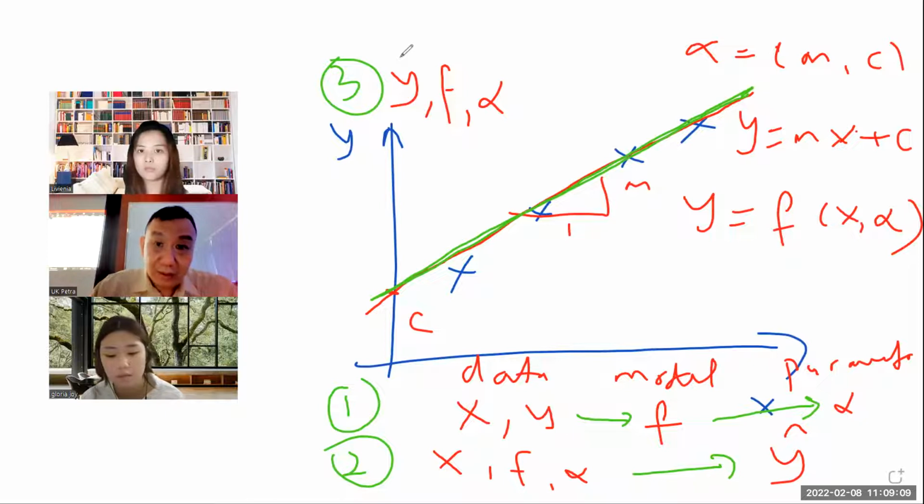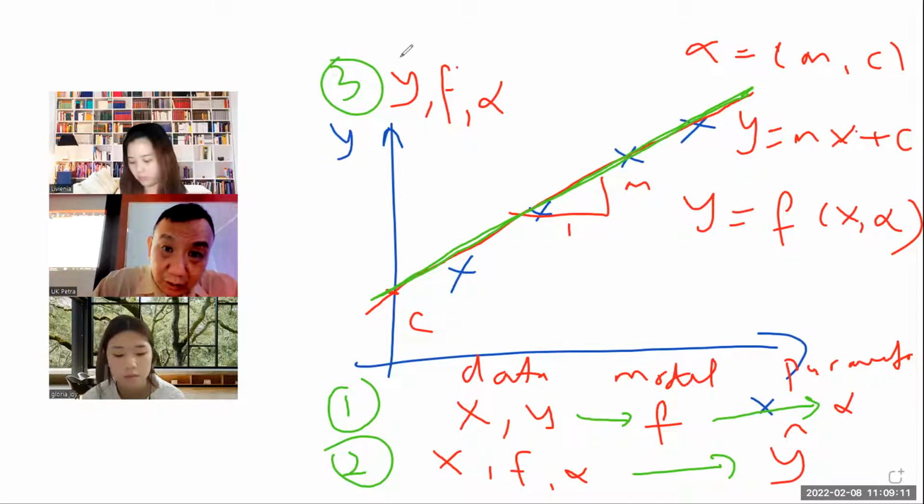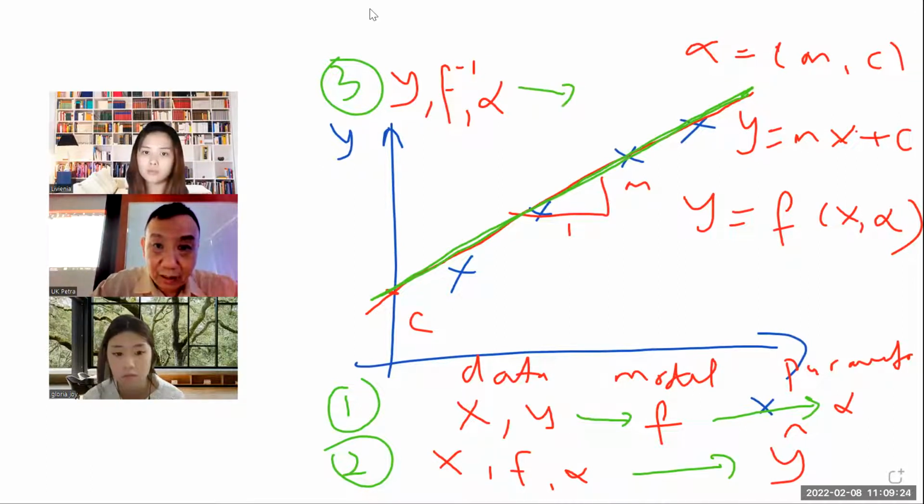Why? Because this is supposed to be the inverse model. From there, what you will get? From there, you will get the input, right, of your data.